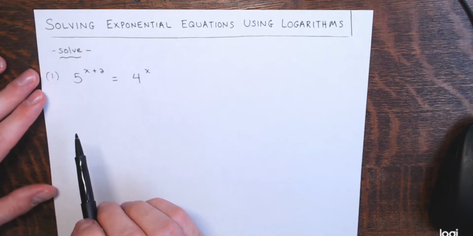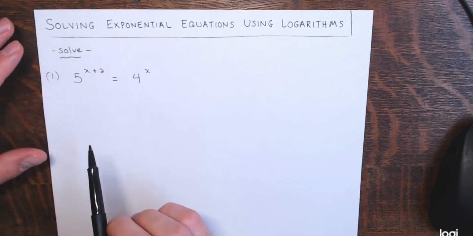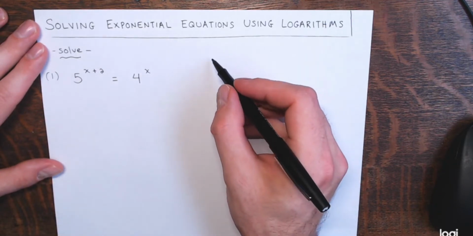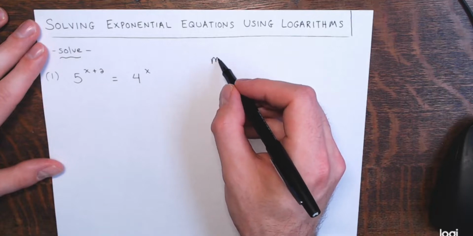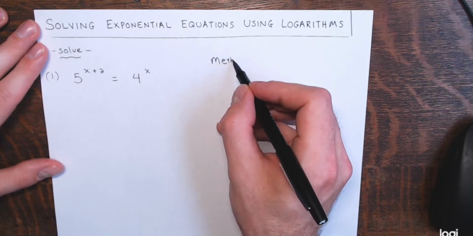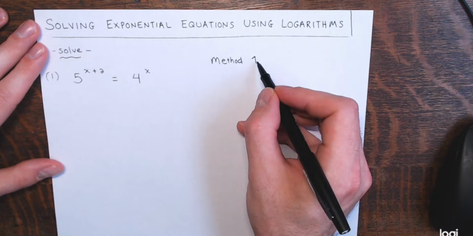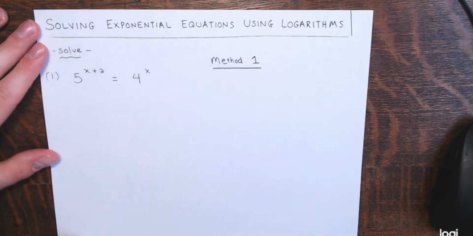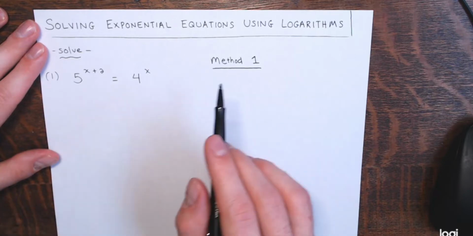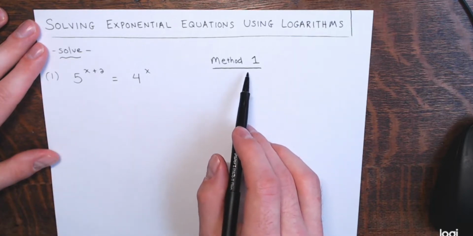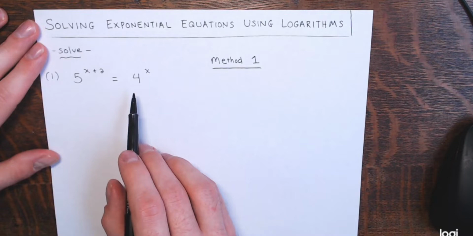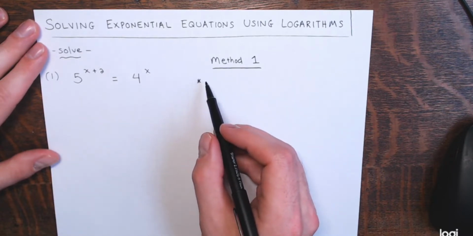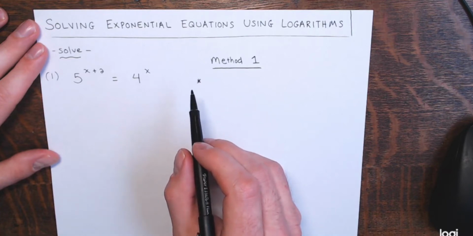I'll call this first way I'm doing it method 1, and then I'll go over a second way to do it that they go over in the text. This first method is actually the way I prefer doing stuff like this. But if you want to do it the way they do it in the textbook, that's fine too. You end up with the same solutions.